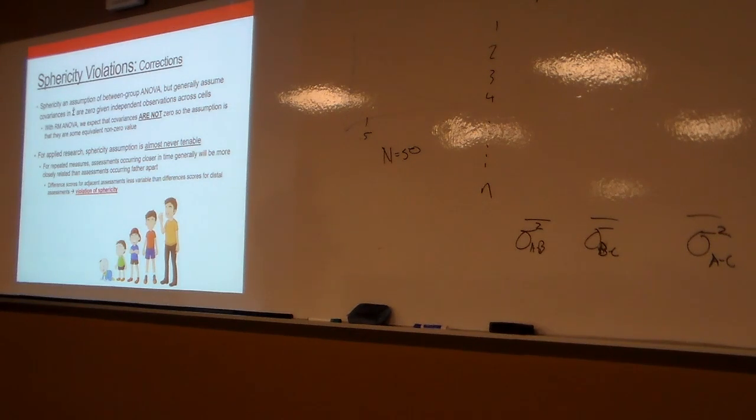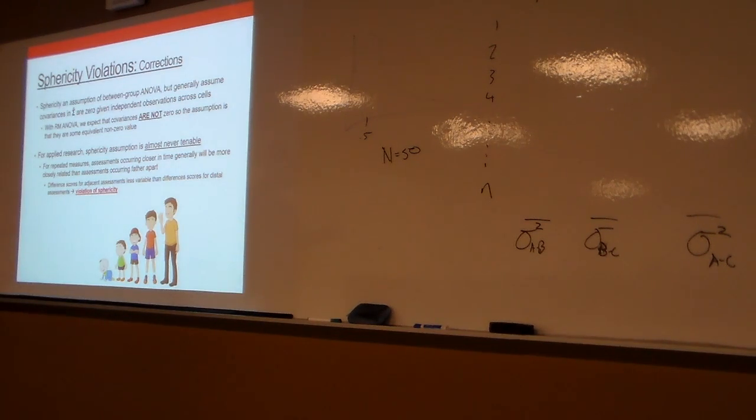Now this starts to become maybe less of an issue if I'm measuring things one right after another. So if I'm in a laboratory design where I'm measuring your physiological response or your emotional response to some stimuli right now, and again 5 minutes later, and then another 5 minutes after that, A and B are probably going to have similar correlation as B and C and A and C, just because everything's occurred in a pretty close time.